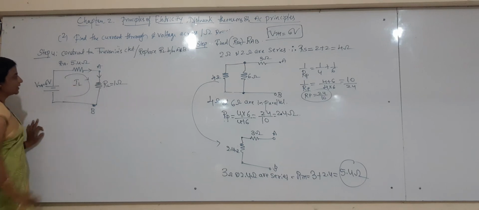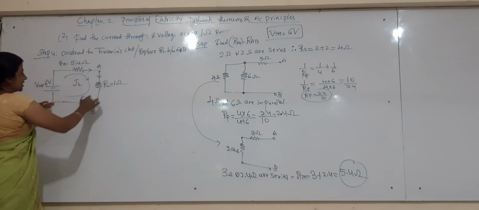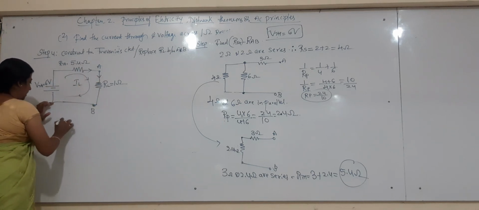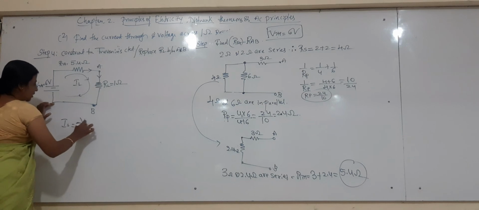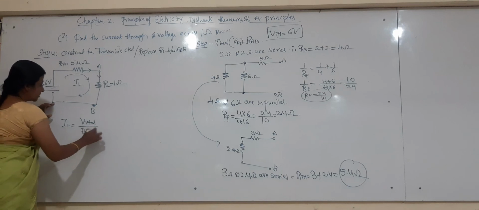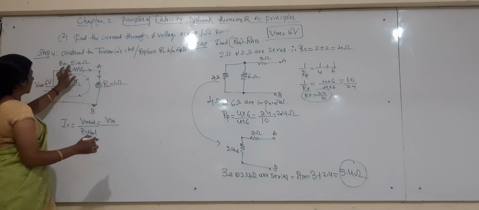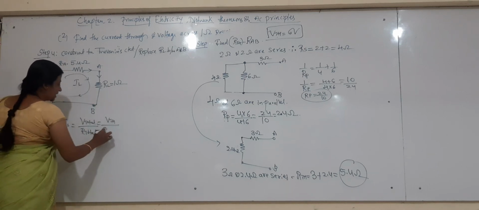Call this current IL. The same current flows throughout this circuit, so find out that current. IL is equal to total voltage divided by total resistance of the circuit. That is VTH divided by R total, which is RTH plus RL.